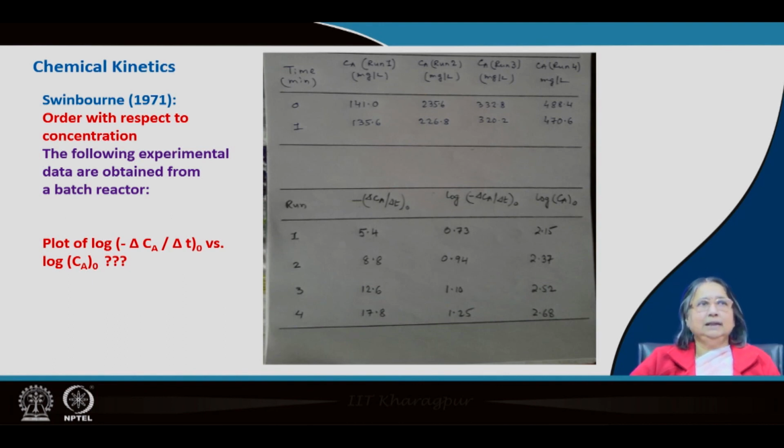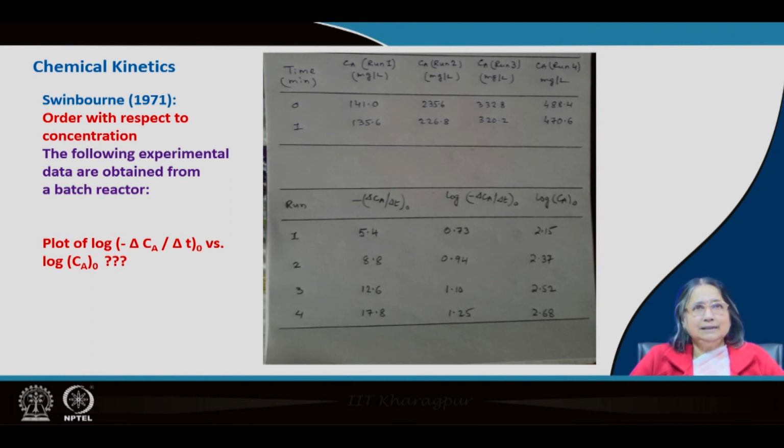This is the method of using the differential rate law to determine the order of the reaction. That means the instantaneous rate you are just converting into delta terms, increasing the time period, and in the first case you are taking the midpoint, the average concentration.